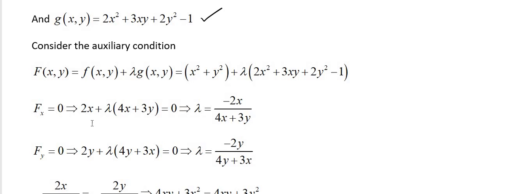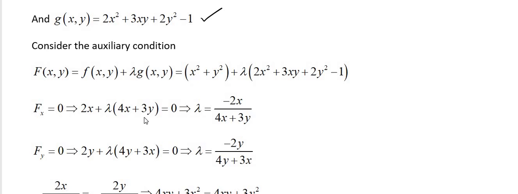So x² differentiation is 2x, y² differentiation is 0, plus λ times: 2x² differentiation is 4x, 3xy differentiation is 3y, 2y² differentiation with respect to x is 0, and the constant differentiation is 0. After differentiation I get this expression equal to 0.